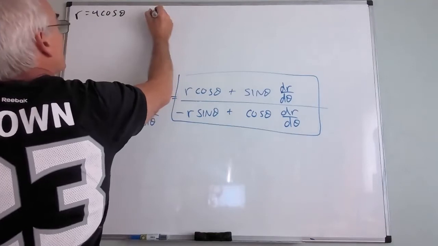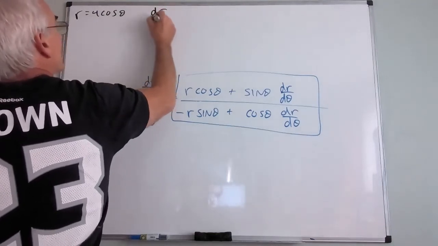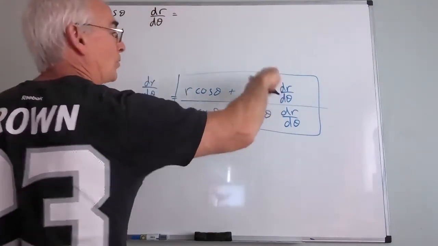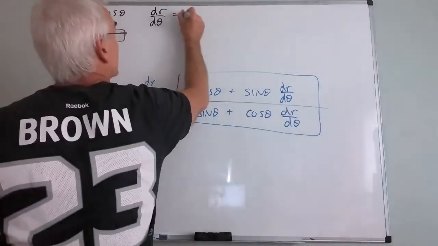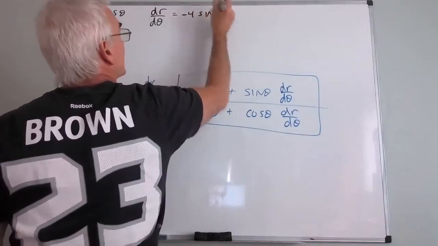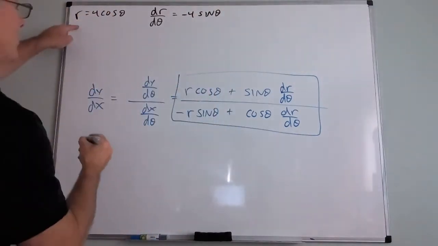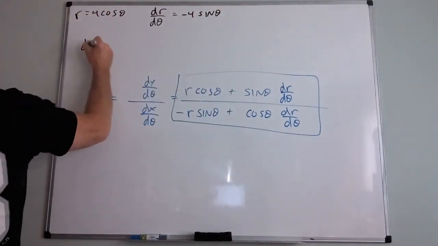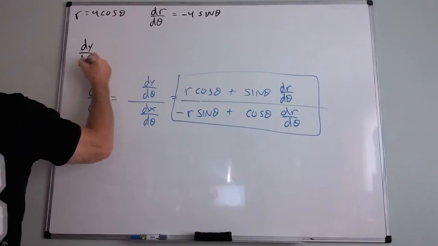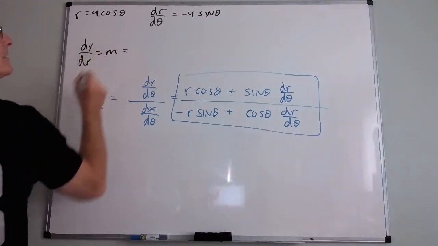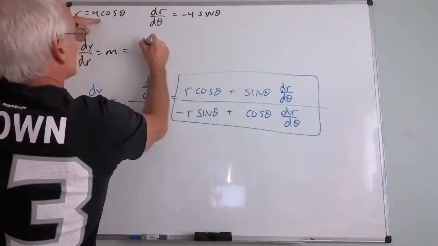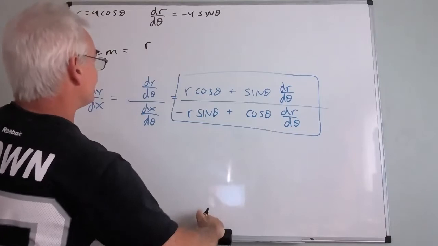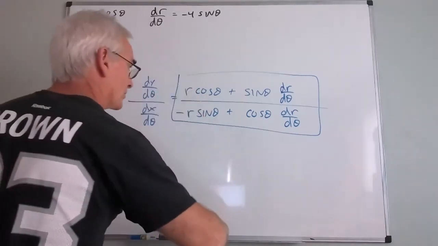So let me just do a couple little things. First of all, what's dr d theta? Because that's going to show up twice. Dr d theta is clearly going to be -4 sine theta. So for this problem right here, the slope of the tangent line, or you can just say m if you want, is r, 4 cos theta.